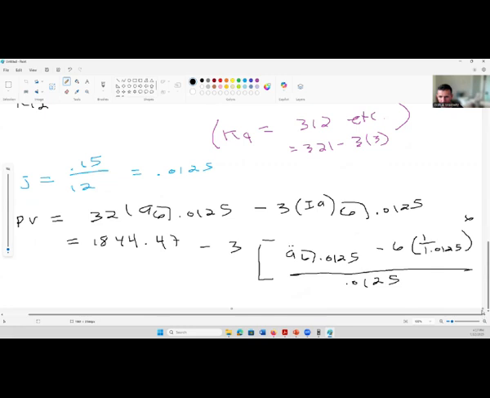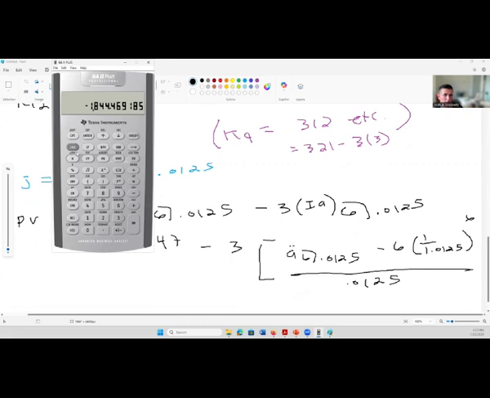Make sure you are in annuity due mode. Clear TVM. I saved that, so we're good. We'll go to annuity due mode. All right, 1 payment, 6 N, 1.25 interest, compute present value, minus 6 times 1.0125 to the minus 6 over 0.0125 times 3.